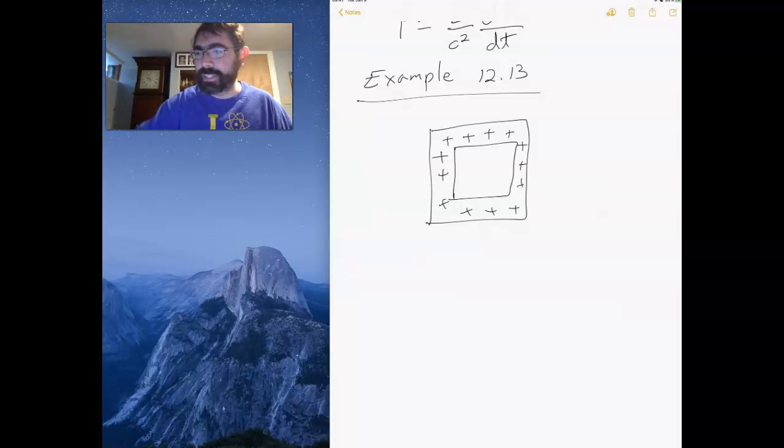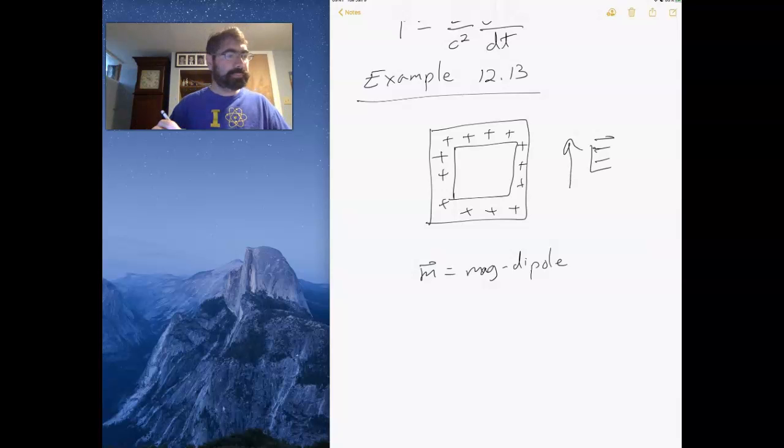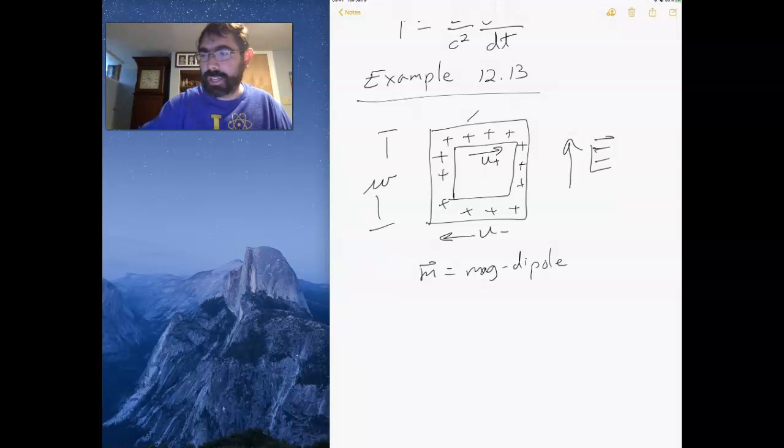It has a magnetic dipole moment, and it has an electric field which has been applied in one direction. And so what's going to happen is these charges are going to move. I could say this is the speed of the charges at the top, this is the speed of the charges at the bottom. It has a width to this coil, and it has a length to the coil, like so.